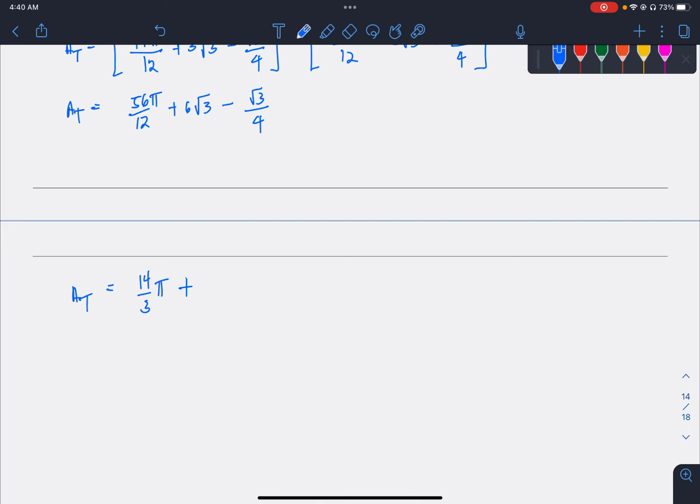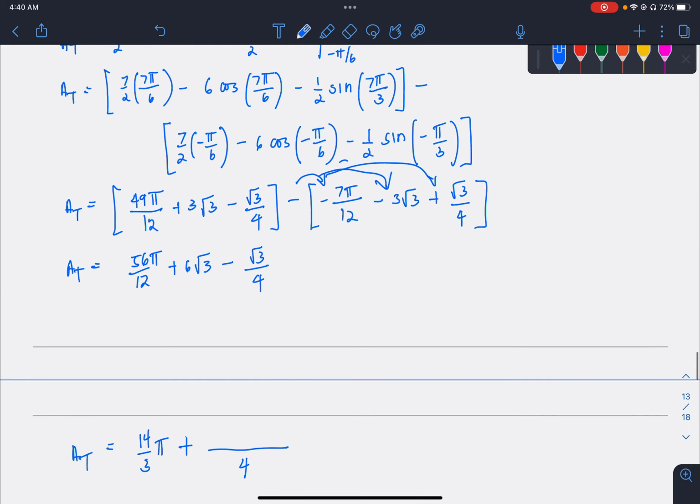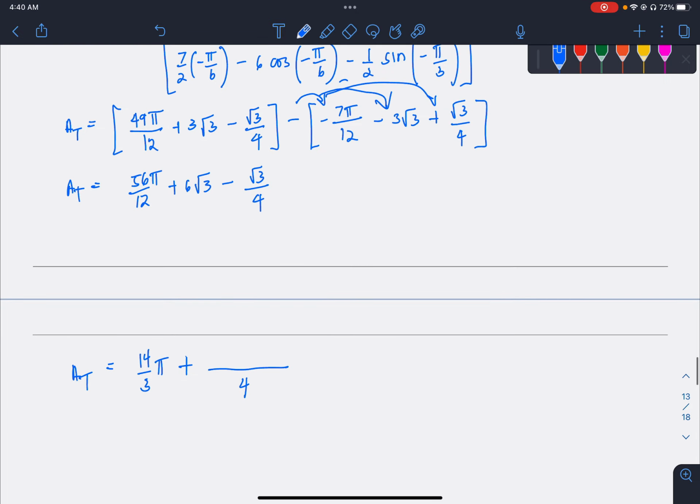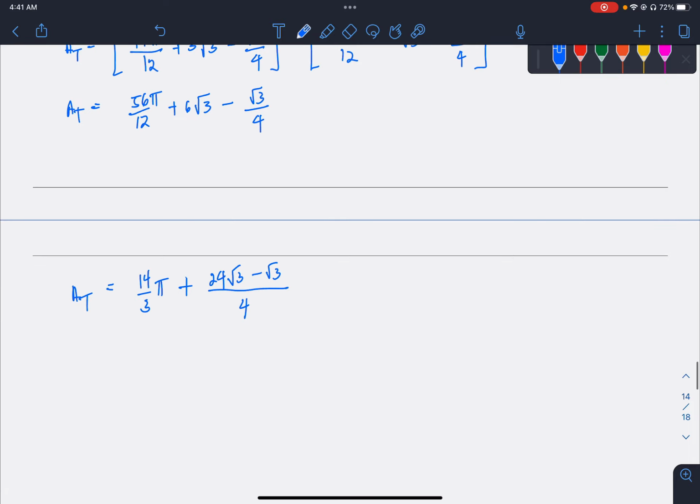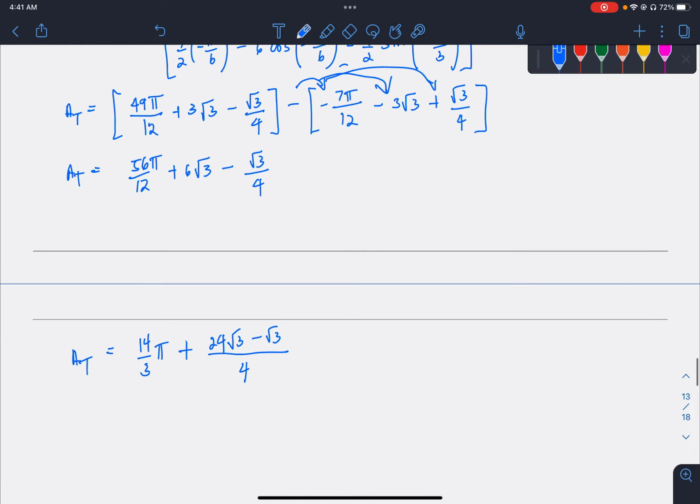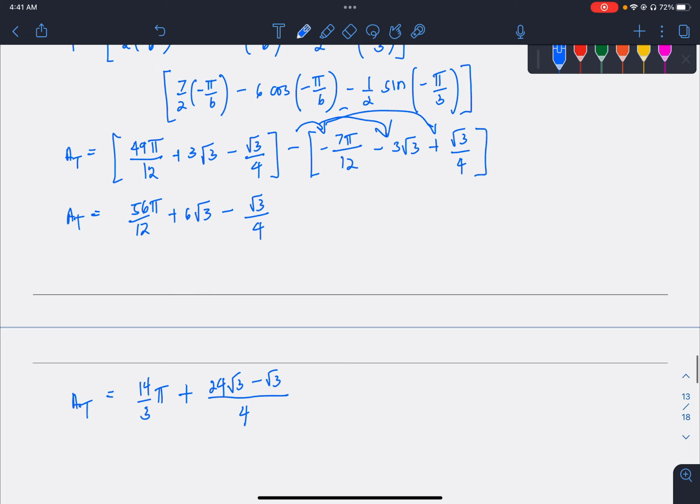And then plus, okay, so I can combine this one. That would be 4. So 24 square root of 3 minus square root of 3. Correct for that one. So 3 square root of 3.